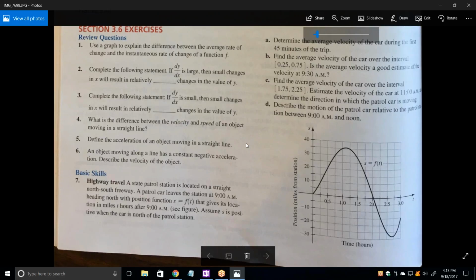Define the acceleration of an object moving in a straight line. No idea. Well, tell me what the velocity of an object moving in a straight line is. It's the first derivative. Velocity is the first derivative of the function.